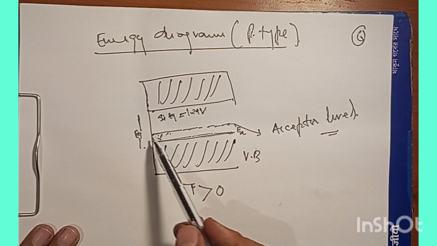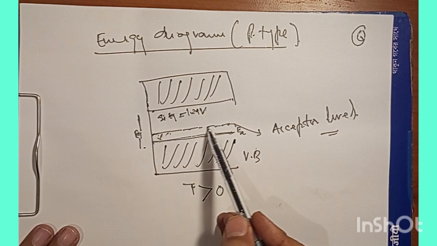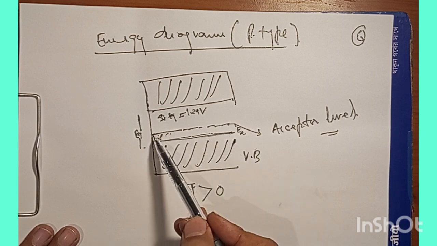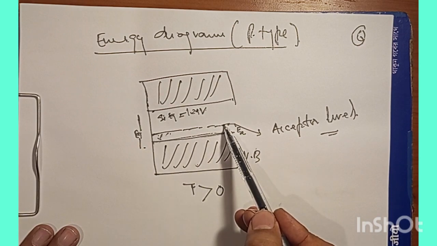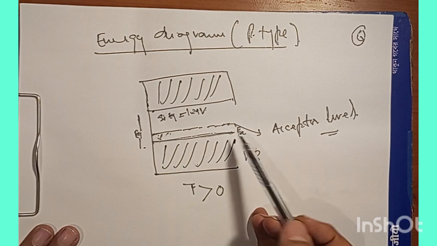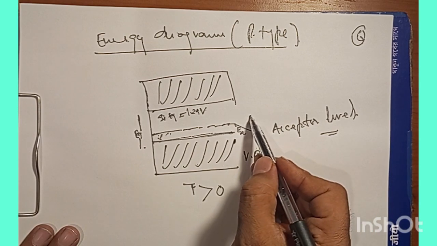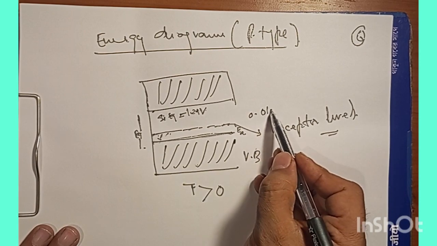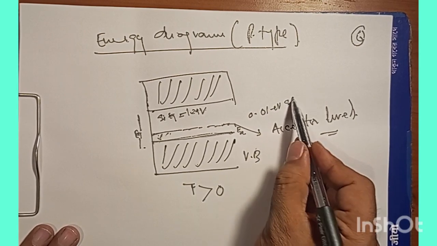But if we talk about the energy level that has been introduced by doping as an acceptor level, the energy difference between this acceptor level and the valence band is very small. It's of the order of 0.01 electron volts for silicon.